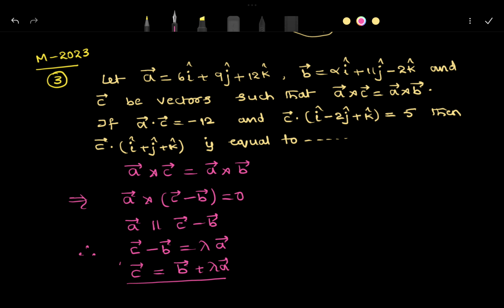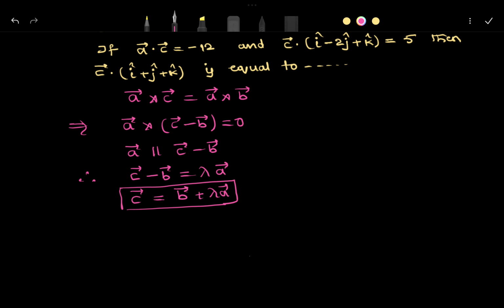You know very clearly this represents a line equation. All of you please look at this.